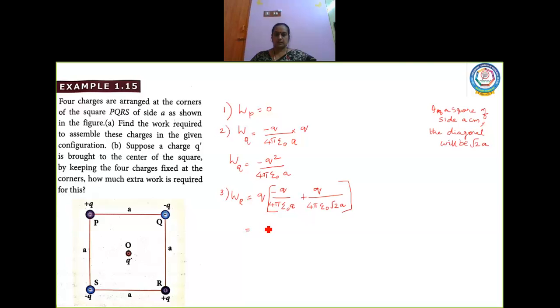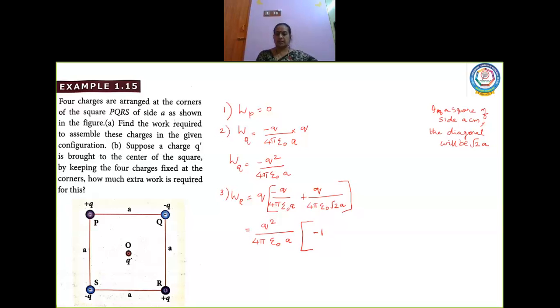Now take the common terms outside. Okay, so the common terms, it is q, you have q squared, already a q is there outside. So q squared by 4 pi epsilon naught a, also I can take it from the denominator. So inside I have minus 1. It's because all the other terms have come out. q on the numerator, denominator 4 pi epsilon naught a has come out.